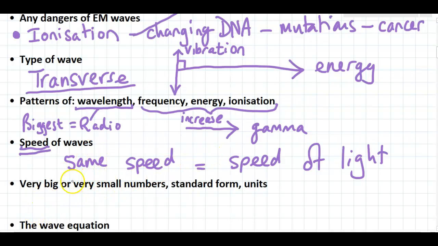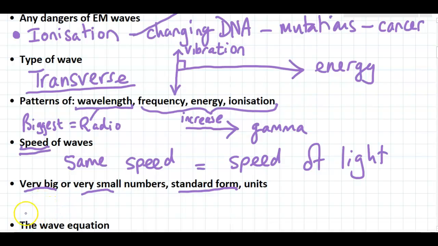All right, okay, we're nearly there. Make sure you're happy with looking at very big or very small numbers. Maybe you're going to come across them in standard form or with units that aren't the standard unit.